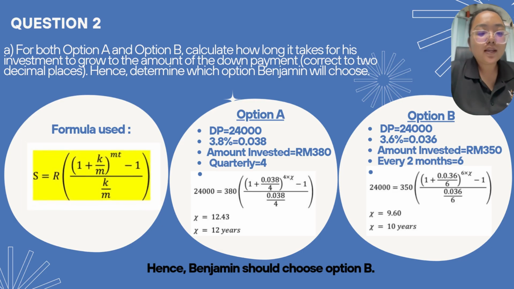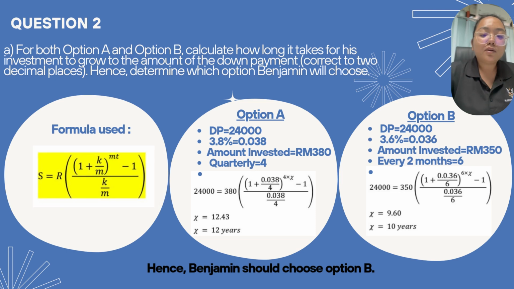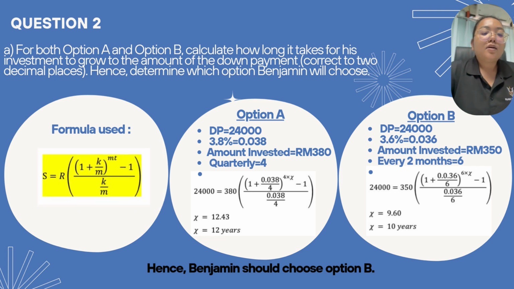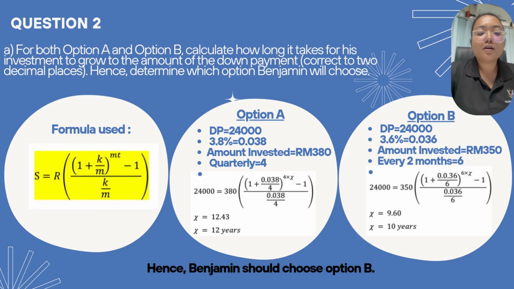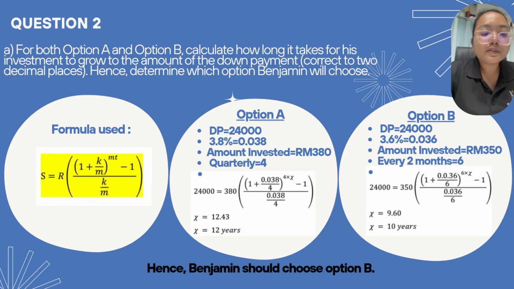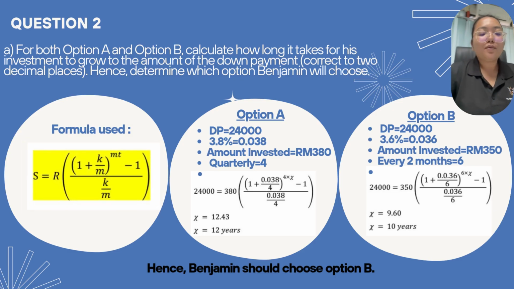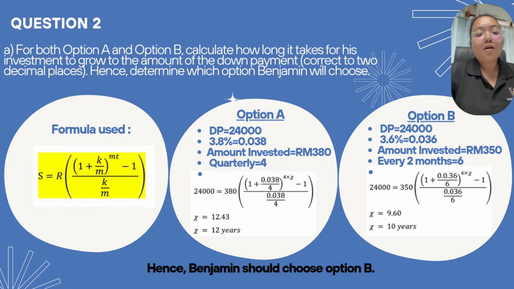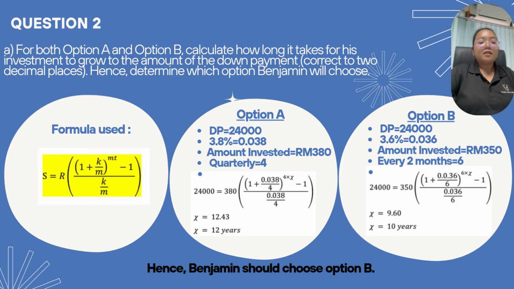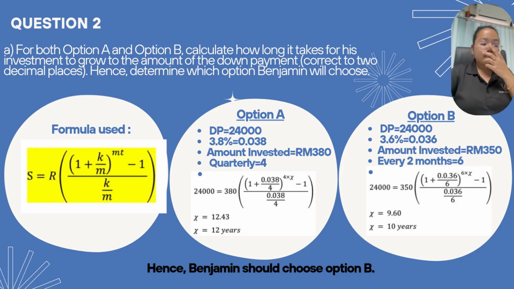We substitute the values into the formula: 24,000 equals 350 times the bracket of (1 plus 0.036 over 6) to the power of 6 times x, where x represents the time, minus 1, over 0.036 over 6, which gives us t equal to 10 years.